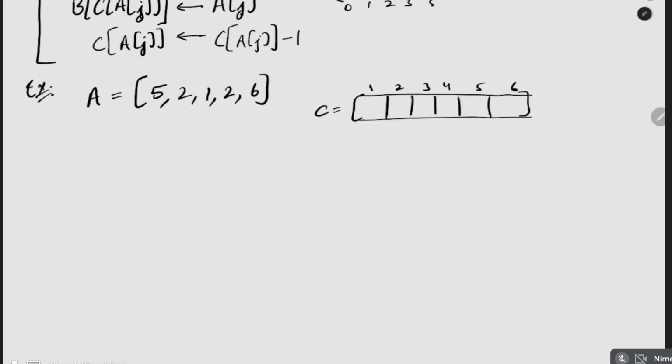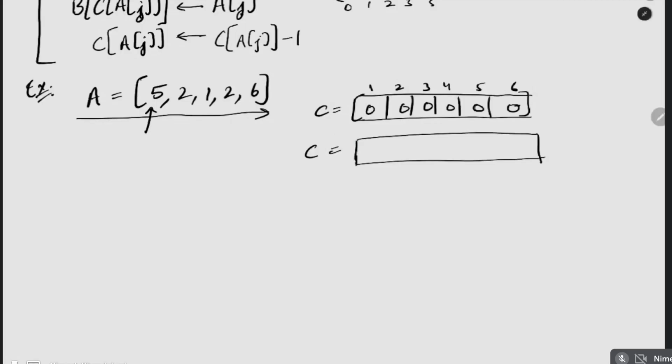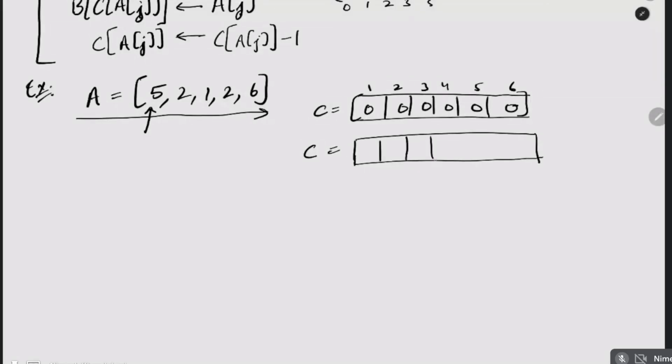So the first loop is basically initializing C[i] with 0. Second loop is going through A and using the value of the element of A as the index of C and incrementing it by 1, right? So after second loop, right?